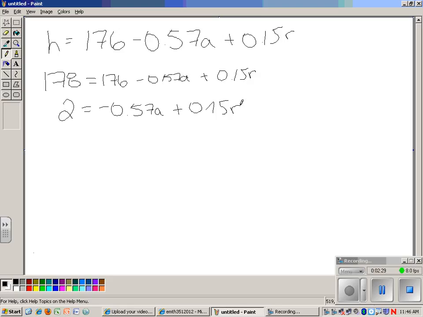We want to isolate one of them? Right. Which variable do you want to isolate? A or R? We don't know either of them right now. R? Okay. So what would you do in that situation then? What would be your next step?